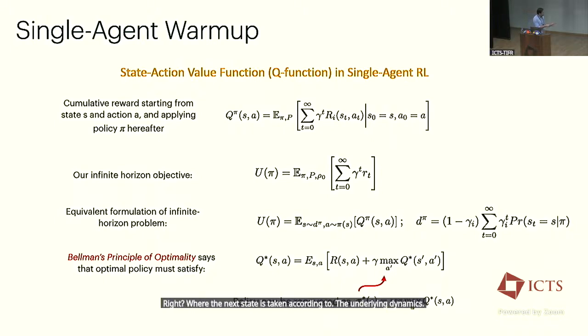This is nothing but the optimality principle for dynamic programming. And if we have Q star, we can back out the optimal policy, right? The optimal policy is just any distribution over the argmax set of Q star, and any distribution over the argmax set of Q star would give us an optimal policy for this reinforcement learning problem.